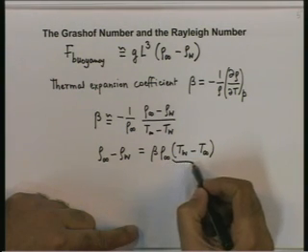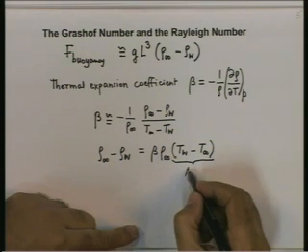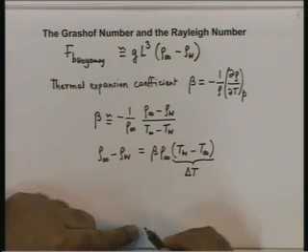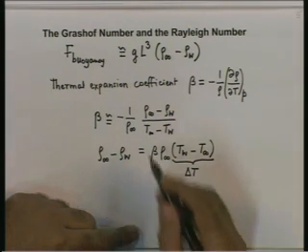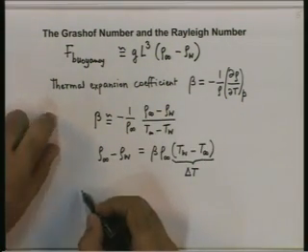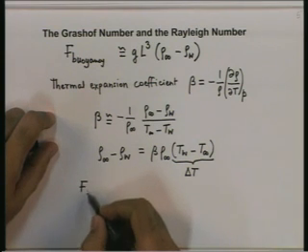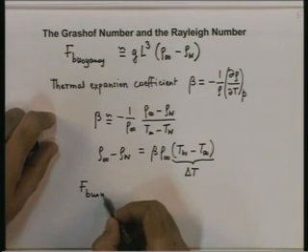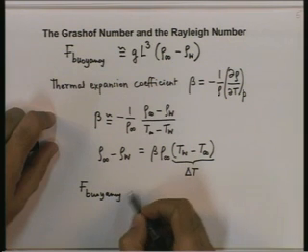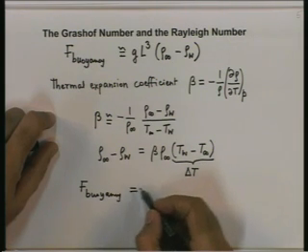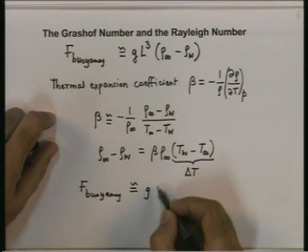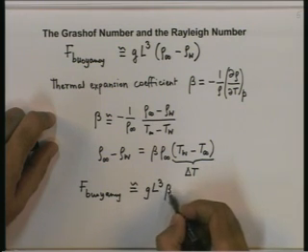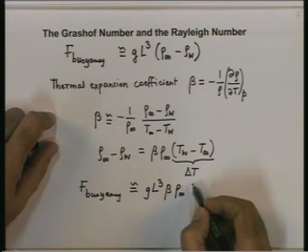This temperature difference between the wall and the fluid is usually represented by delta T. And now if you look at the force of buoyancy in terms of g, beta, etc., it would now be g L cube beta rho infinity into delta T.